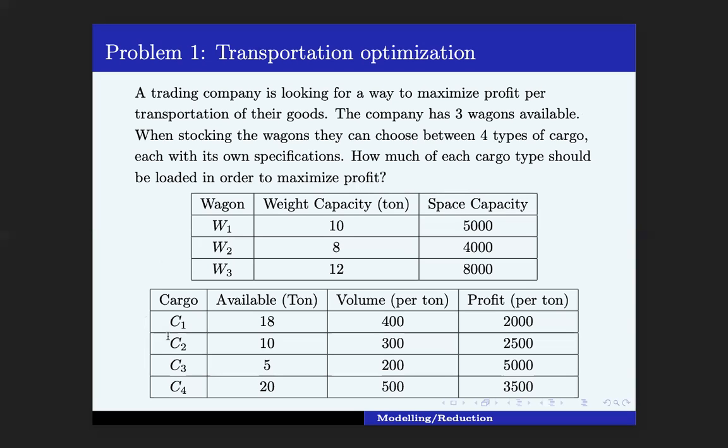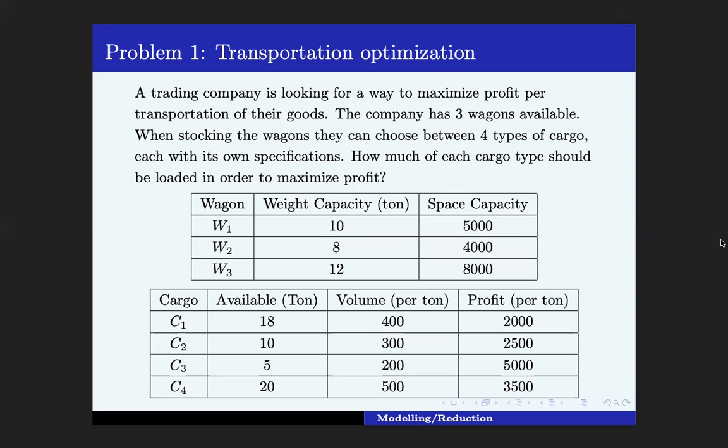There is one kind of cargo that is very heavy and the volume is not that much. But if we can ship this cargo C1, then he will get a profit of 2000, say rupees, or some unit of money per ton. Similarly, C2, C3, and C4.